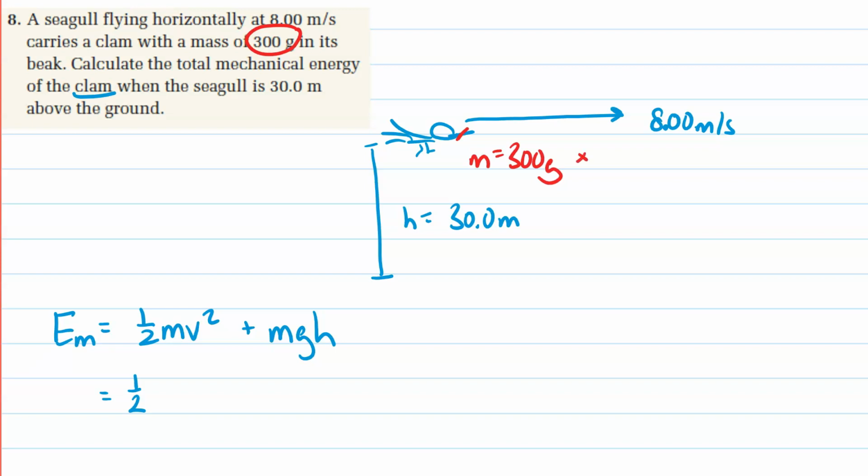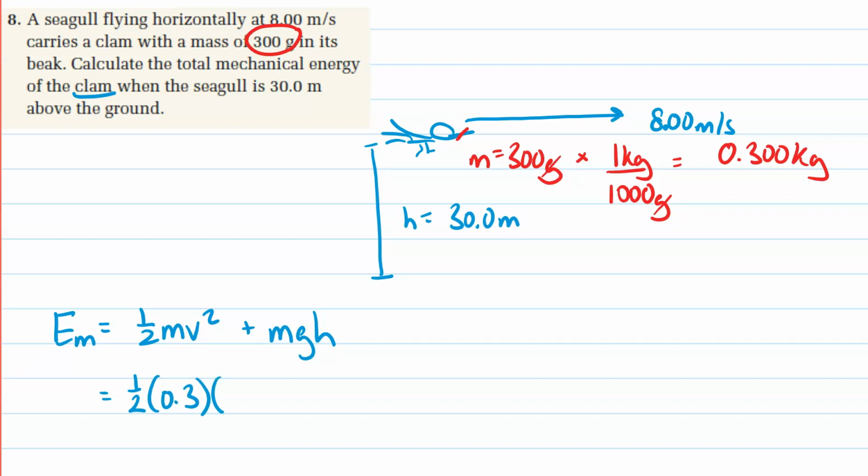So let's multiply by the fact that in 1 kilogram, there are 1,000 grams. Therefore, grams on top cancel with grams on the bottom. In your calculator, 300 divided by 1,000 gives you 0.3 kilograms. Okay, so your mass is 0.3 kilograms.